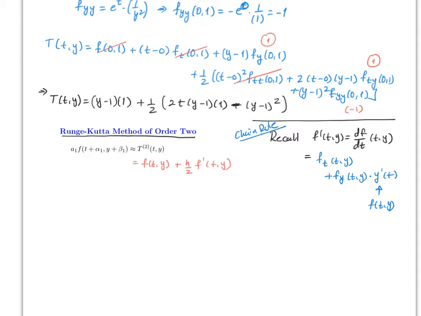So therefore, this is equal to f(t, y) plus h over 2 times the partial with respect to t of (t, y), plus f(t, y) times the partial with respect to y of (t, y).